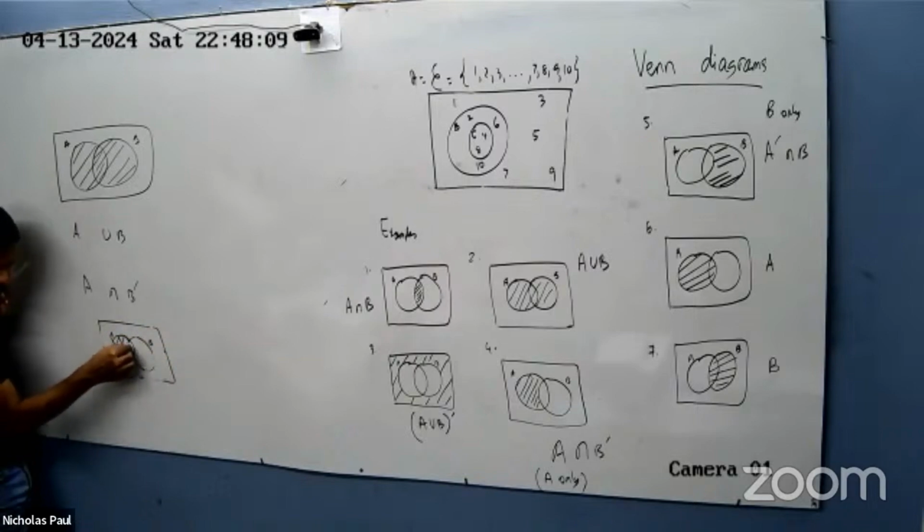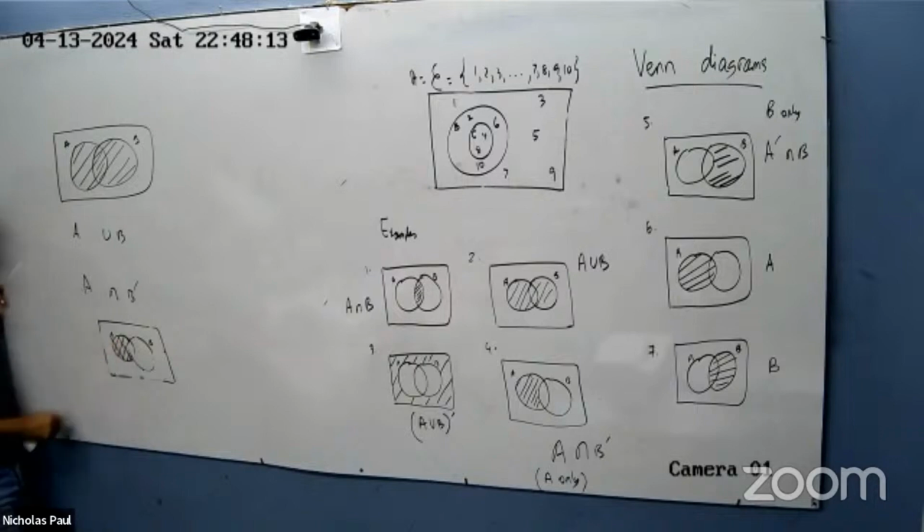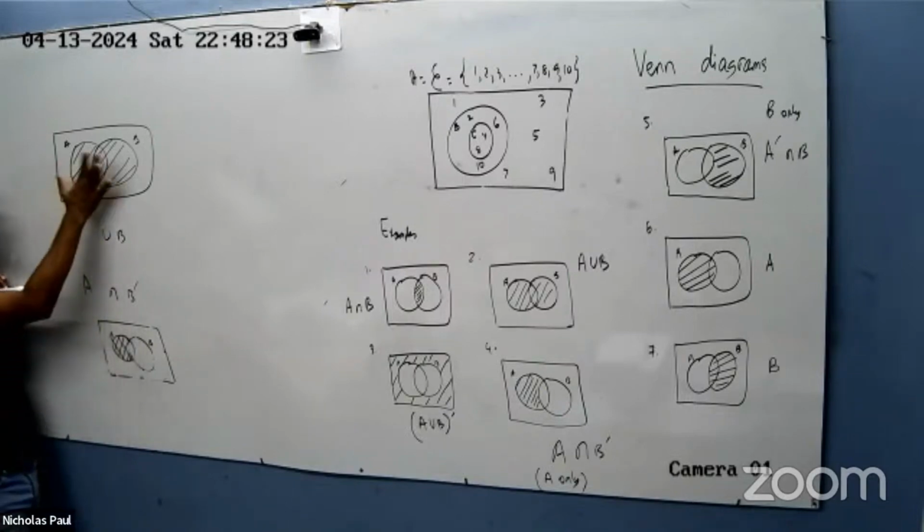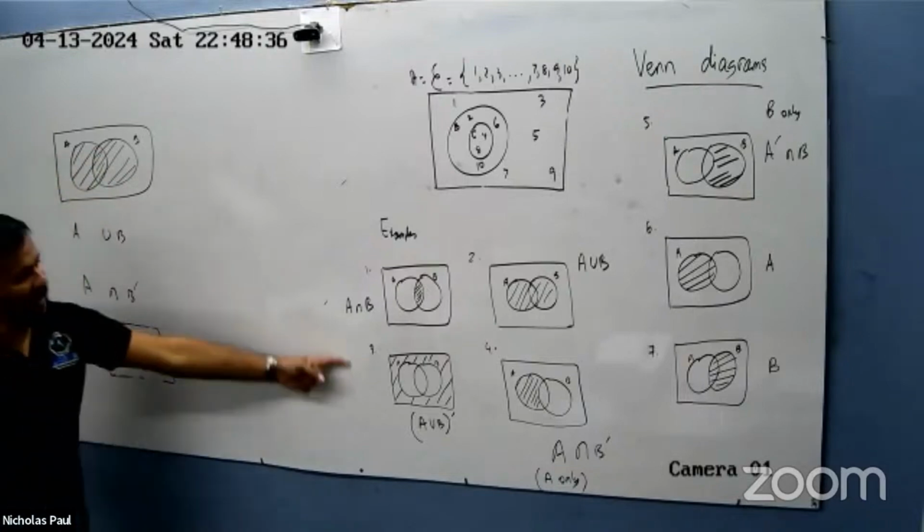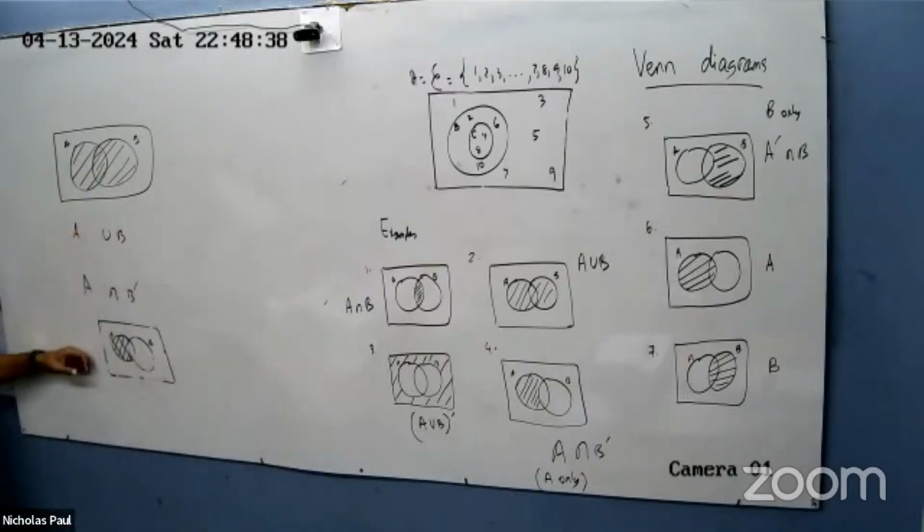No crosses here. So it's outside here. Now, when it's intersection, you're looking for where the lines cross. When it's union, you're looking for everything. So you could learn them or you could work backwards and get them.